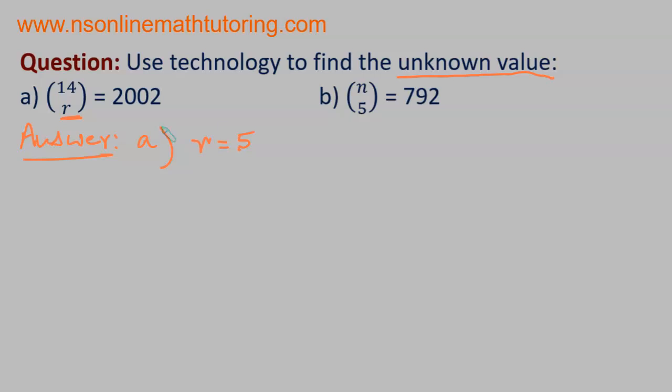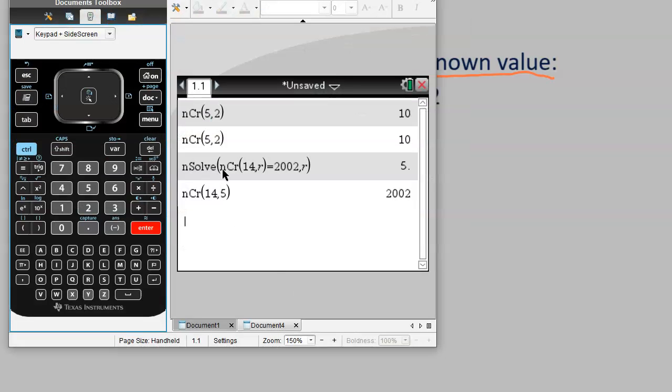Okay. For the subpart B, nC5 is equal to 792. We have to find the value of n. nC5 equal to 792. Same technique.